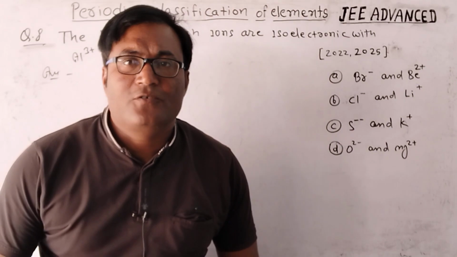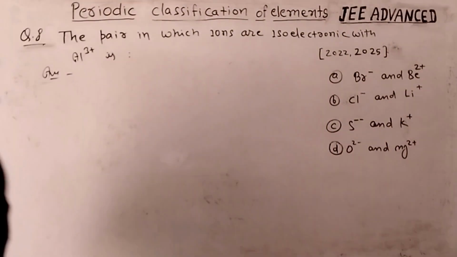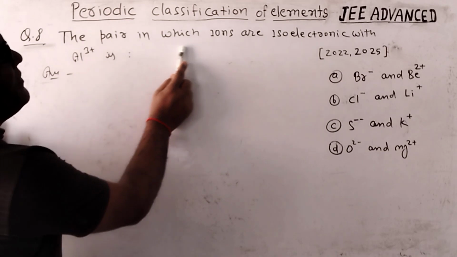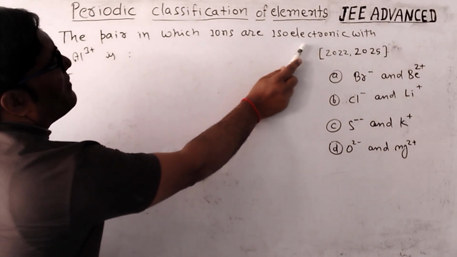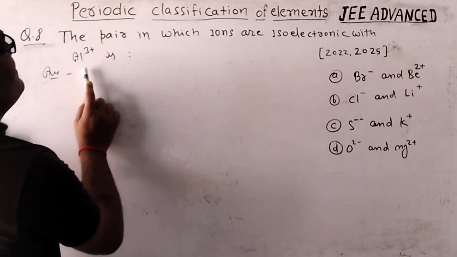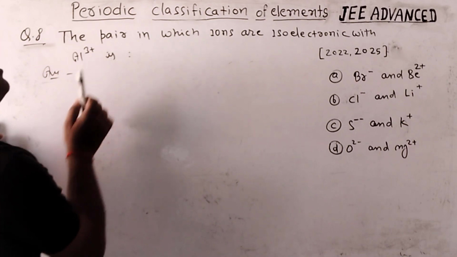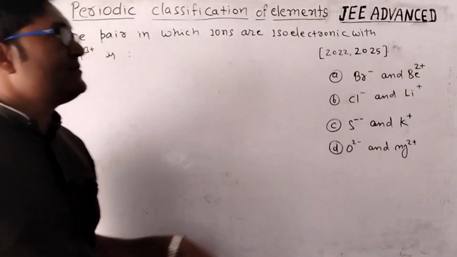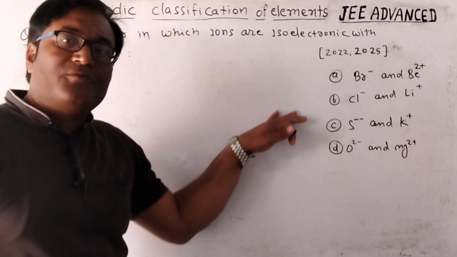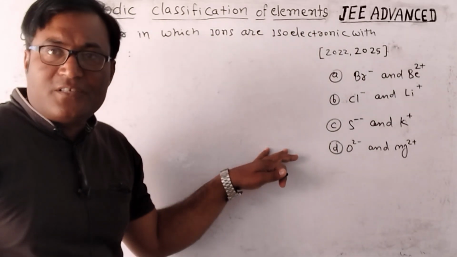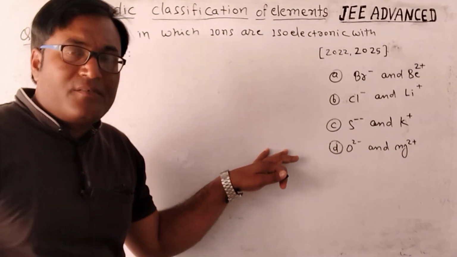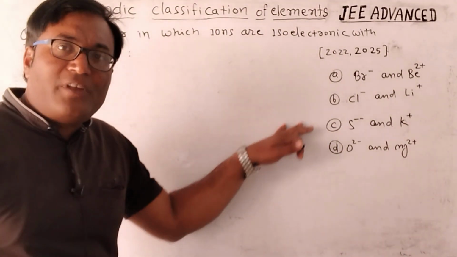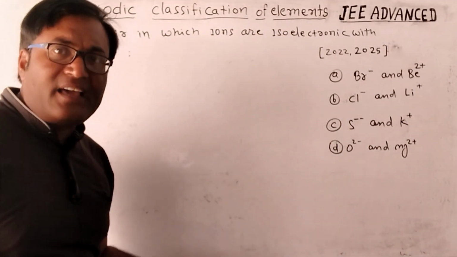Now I am going to solve question number 8. According to question number 8, which pair of ions is isoelectronic with the aluminum cation? These 4 options are given, and in these 4 options, which set of cation and anion is isoelectronic with the aluminum cation?